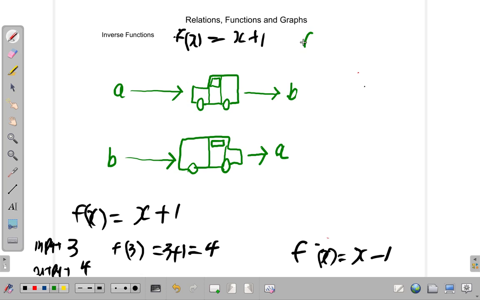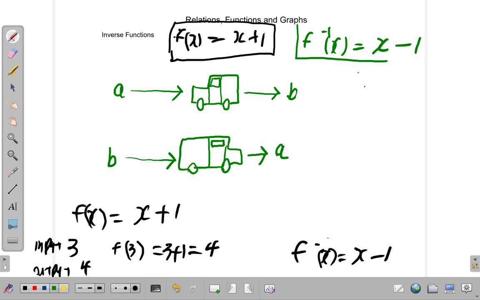And the inverse function, f inverse of x equals x minus 1. I have up here my function and my inverse function. Alright? Remember, this is my function and this is my inverse function.